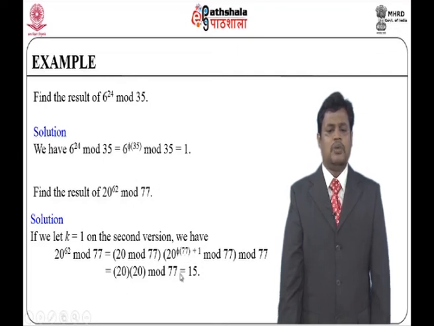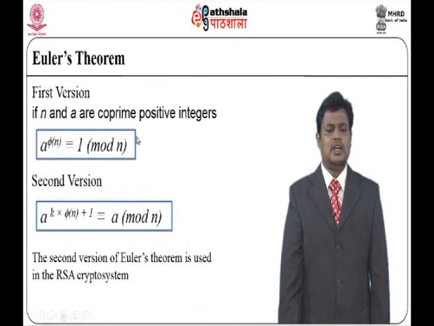So 20 into 20 mod 77 gives 15. This is similar to Fermat's application, but here we are not worrying about whether the modulus is prime or not. Without checking primeness, we can use any integer, but we must get the Euler totient function to ensure that a power phi of n.